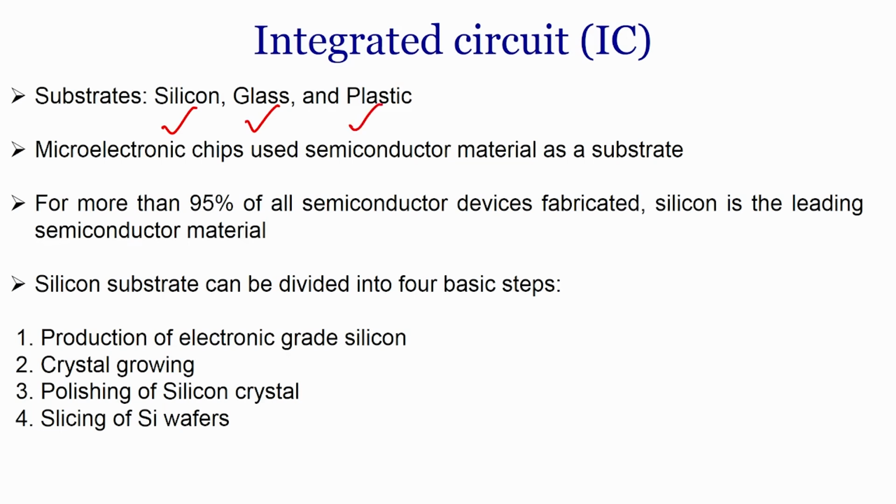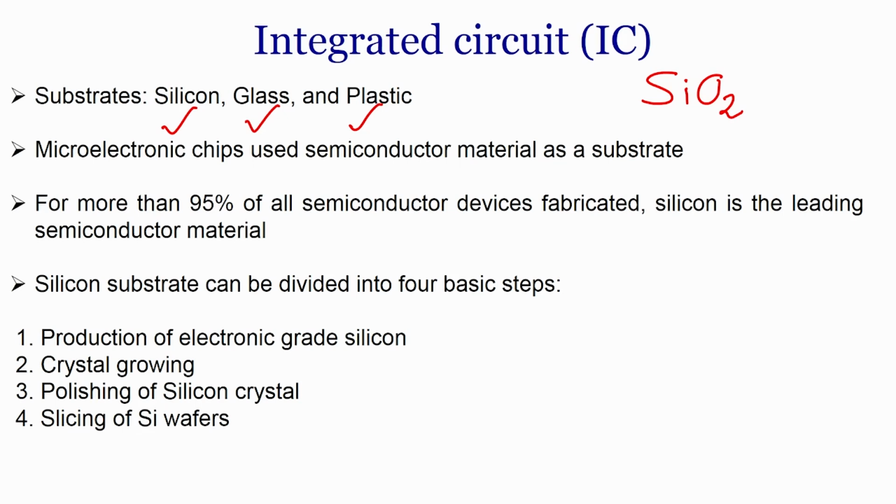Now, when I say glass, glass is silicon dioxide, SiO2. So, do not get confused if I ask whether you can use a substrate which is silicon dioxide. Yes, because it is a glass.